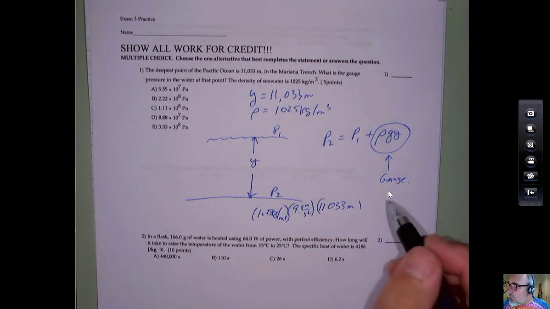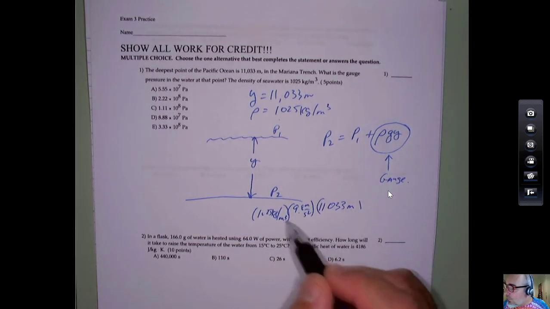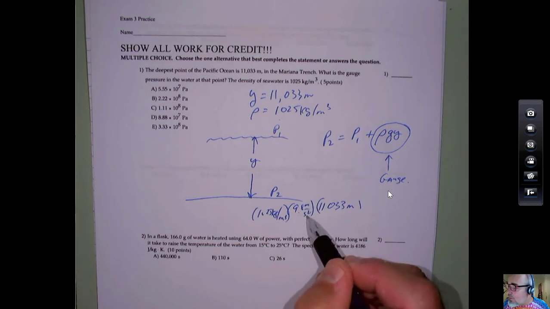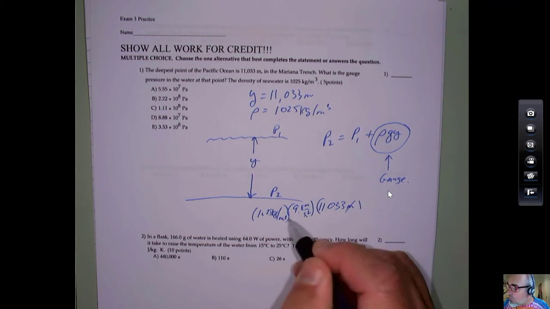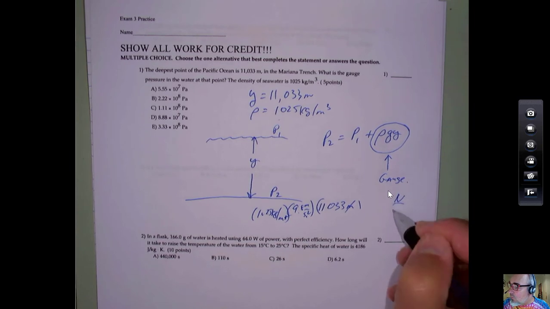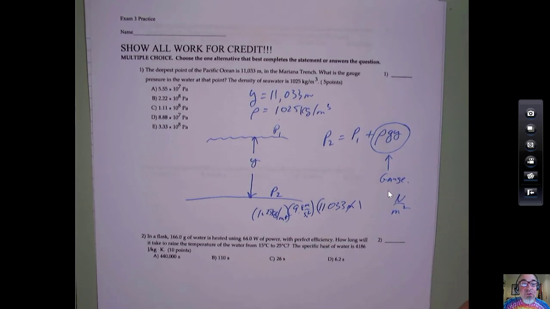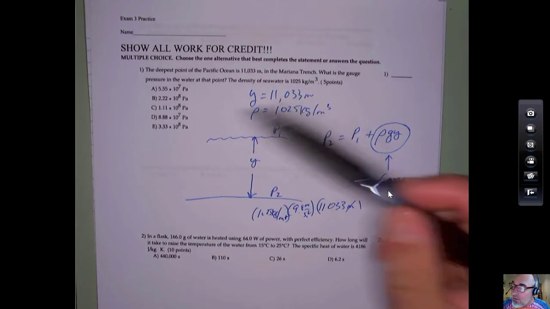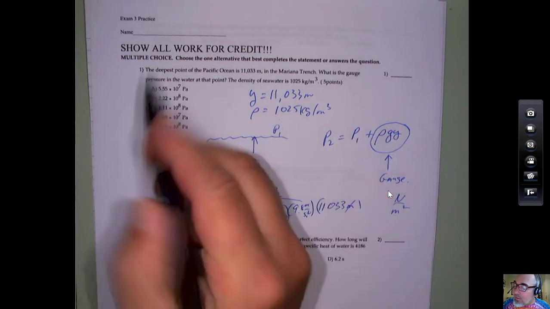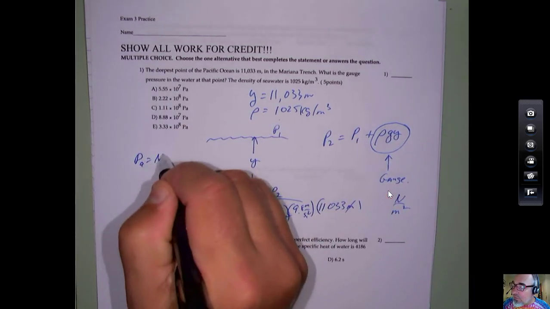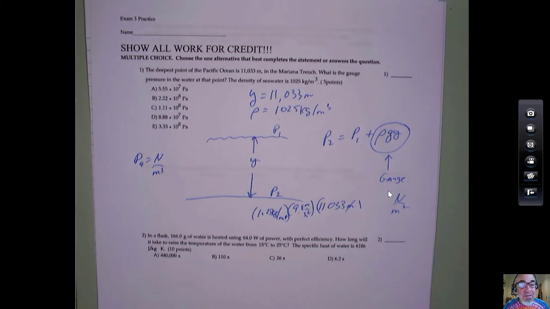As far as the units go, we have a kilogram meter per second squared. That's a Newton. One of these meters cancels out, so this is newtons per square meter, and a Newton per square meter is a Pascal. So it's going to come out in SI units. That's what a Pascal is.